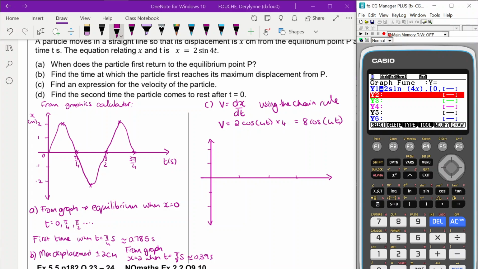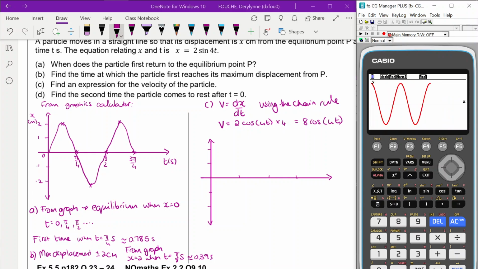So we're going to type in 8 cos of 4t, and again it's the second time, so I think we could probably go with the same domain. And I don't want to see the original function, so I'm just unselecting that. And there we go, we have our velocity function. Notice it's a cosine graph, which is what we expected.